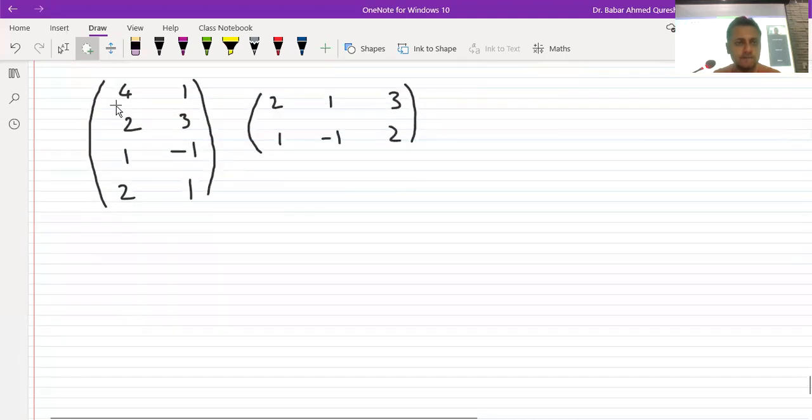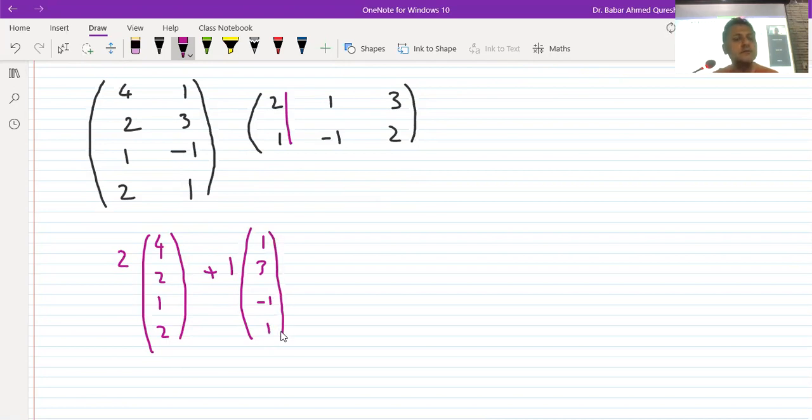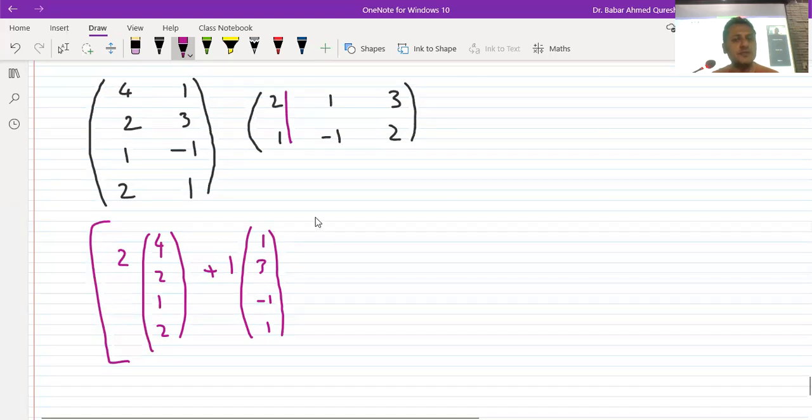So all you do is 2 times, you take this one first and make linear combinations, plus 1 times 1, 3, minus 1, 1. Now you have got a column back, so this is the first column in your matrix.